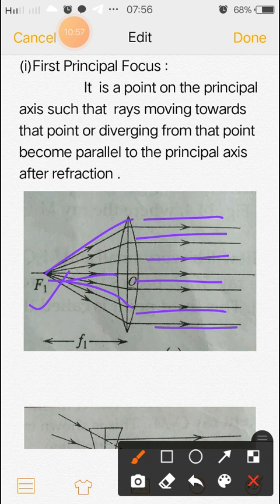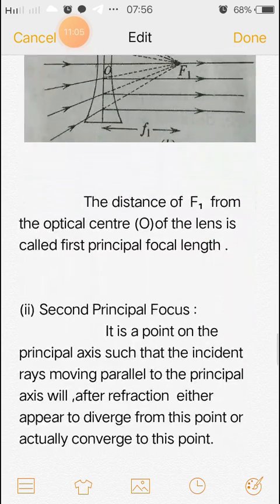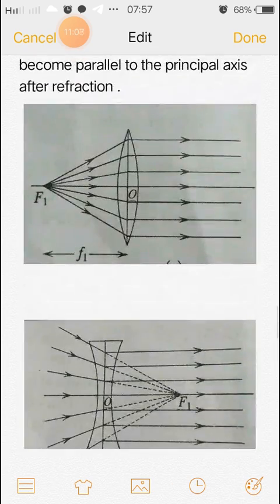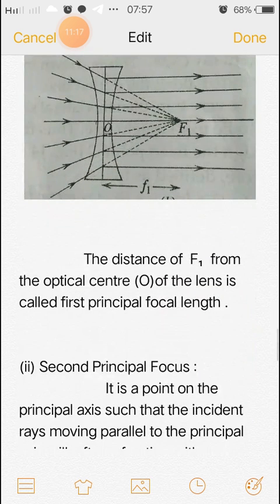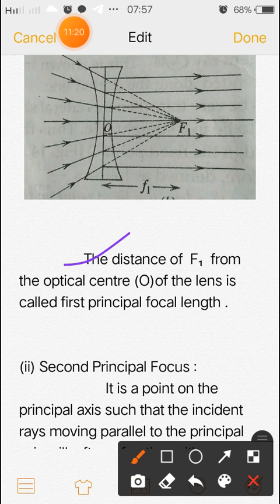So this point F1 is called the first principal focus, and the distance OF1 is called the first focal length. The distance F1 from the optical center O of the lens is called the first principal focal length.